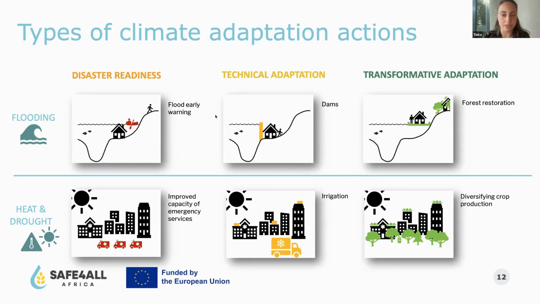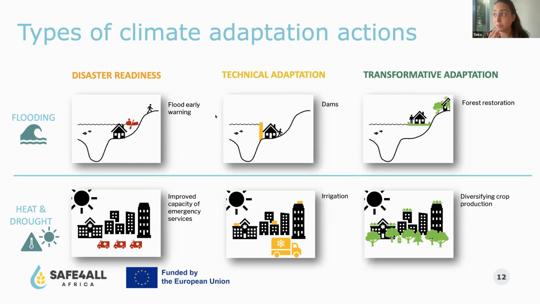Disaster readiness is really being prepared for a disaster. So we're not going to prevent the disaster from happening, but before, during, and after the disaster, we try to minimize the impact. For flooding, you can, for example, think about a flood early warning system. Or for heat and drought, you can make sure that there's enough capacity of emergency services, for example, during a very warm day. So that's for disaster readiness.